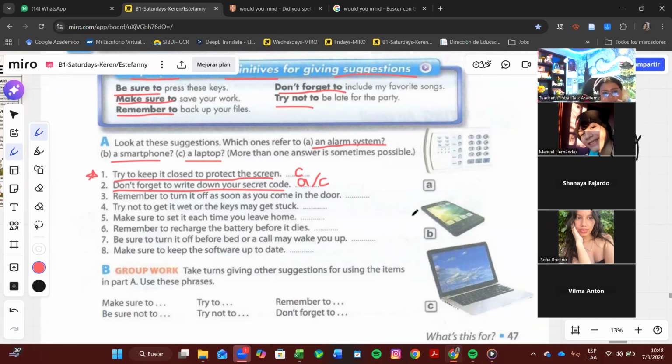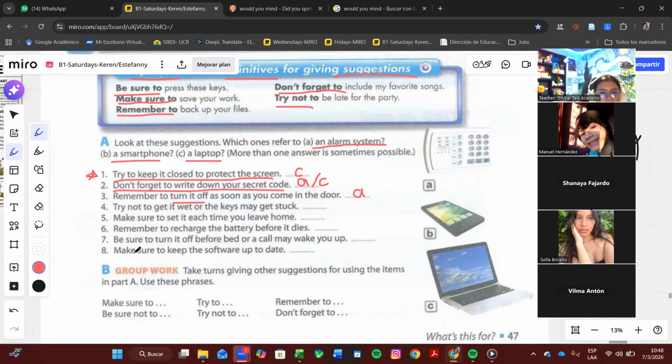I really didn't understand so much the third one, but I put the number 8, the alarm. The alarm. So remember to turn it off as soon as you come in the door. Entonces, recuerda apagarla cuando estés en la puerta, right? Sometimes we have to do it with an alarm system. Okay.